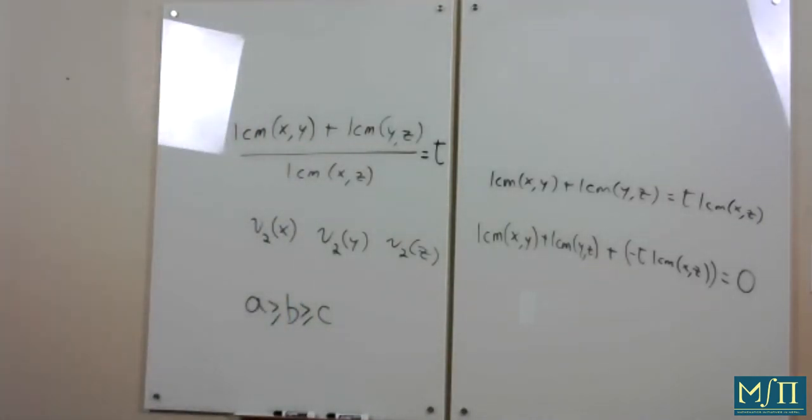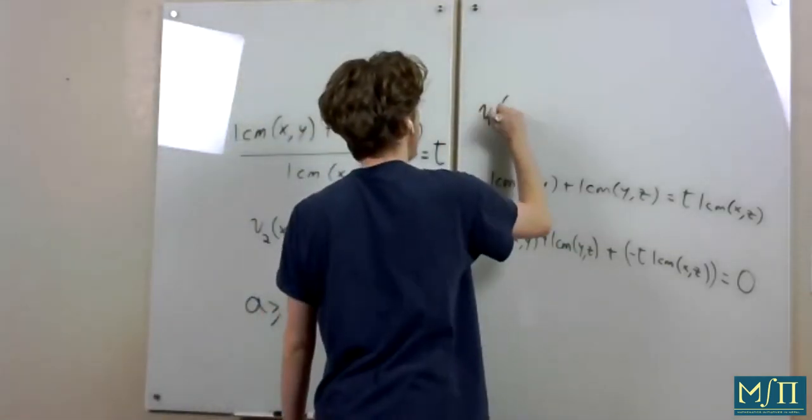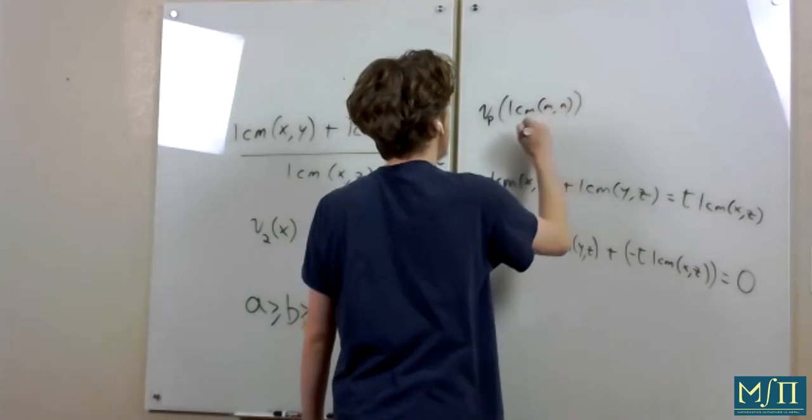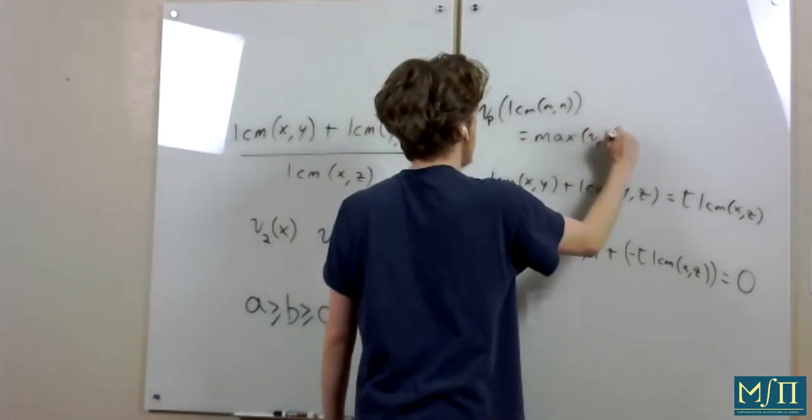And so whenever you have the least common multiple of 2 numbers, the greatest power of any prime dividing that least common multiple is the maximum of the powers dividing the numbers. So you could say v sub p of LCM of m and n is the maximum of v sub p of m and v sub p of n.